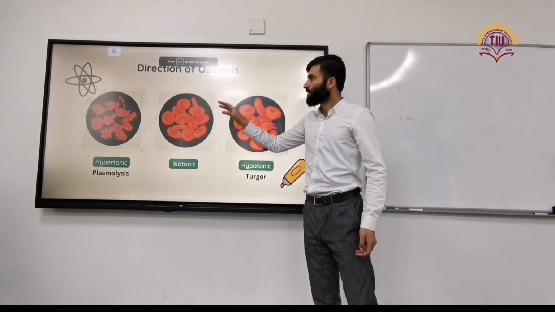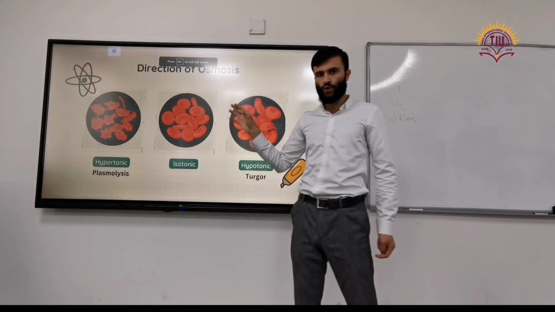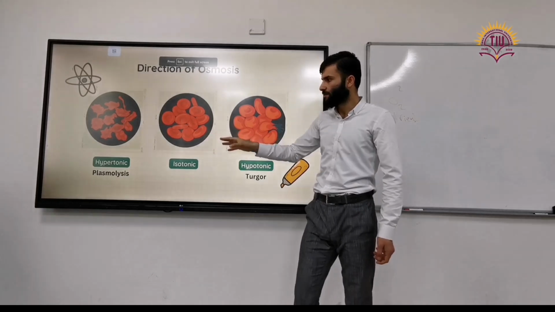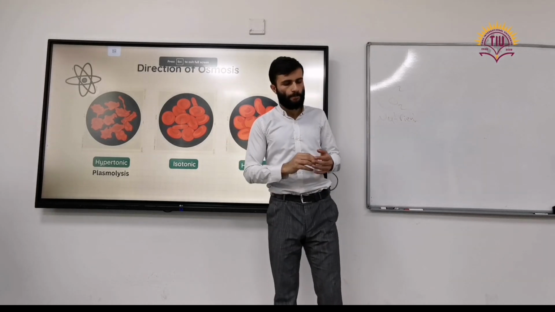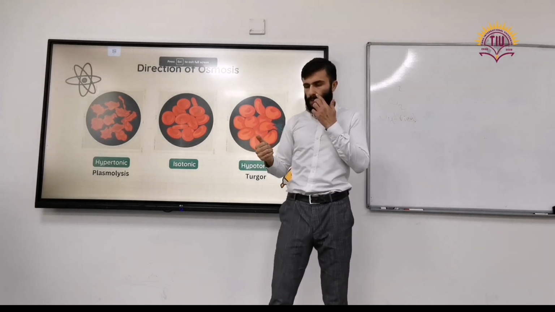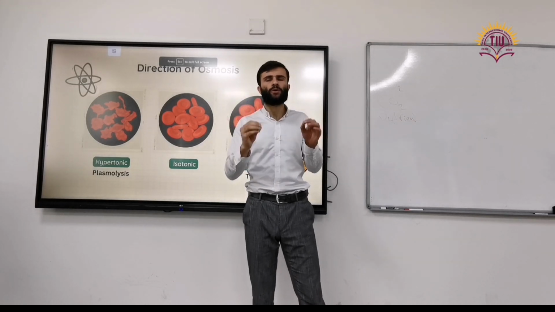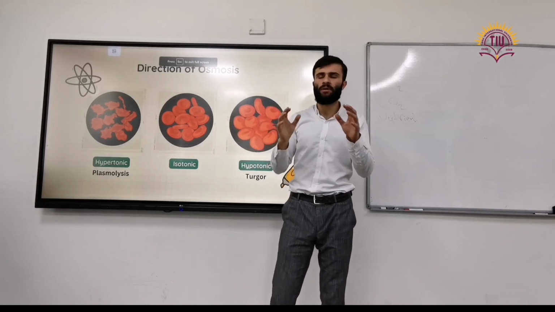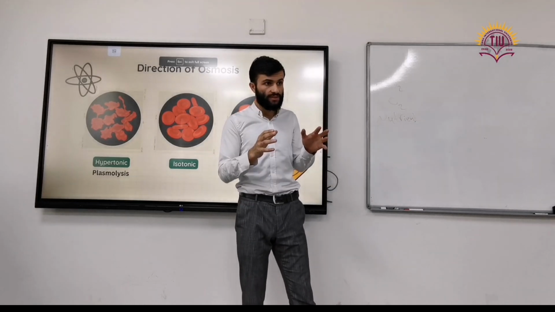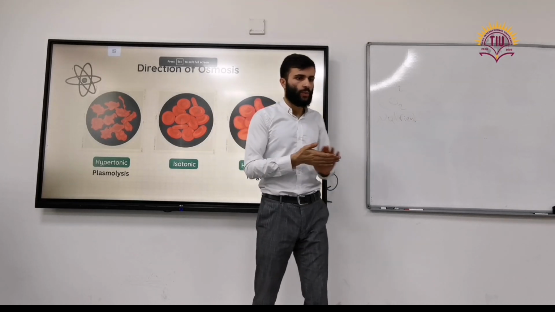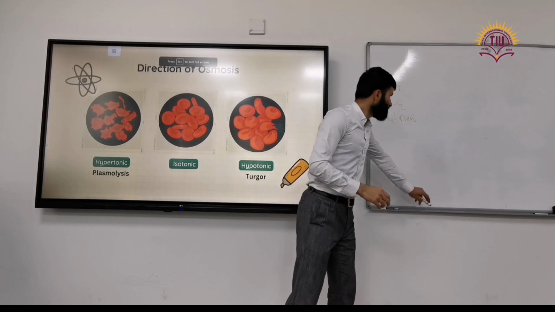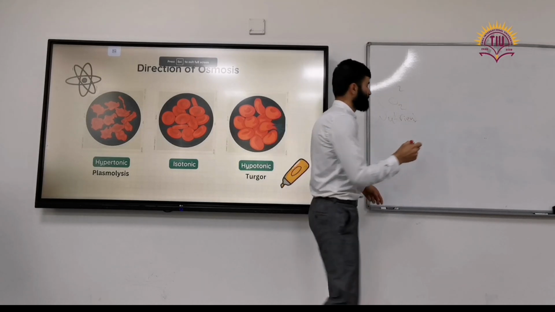We have three directions of osmosis. First one, we have hypertonic, which is in here, the cell composed of a high amount of solute, and we don't have enough water.